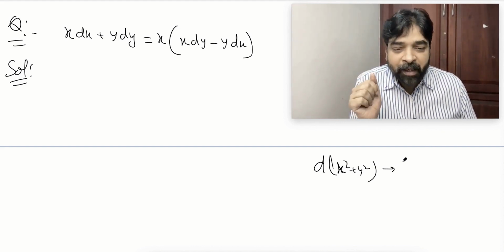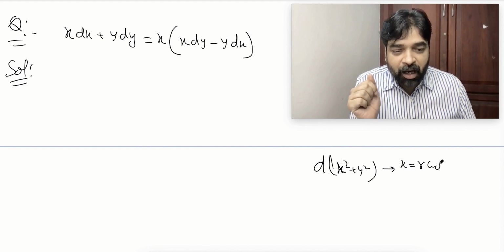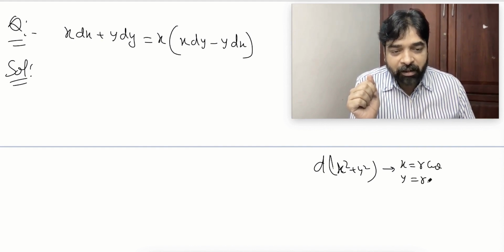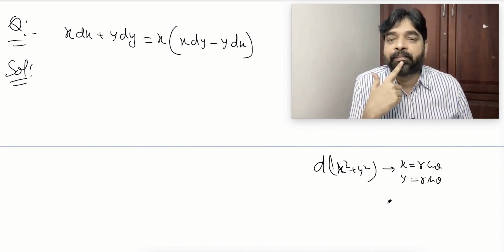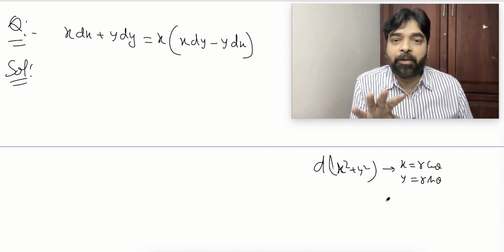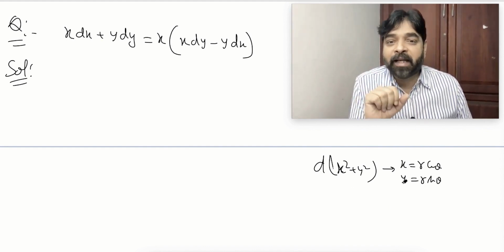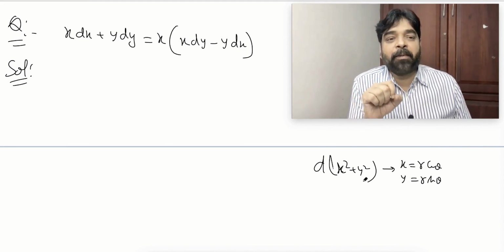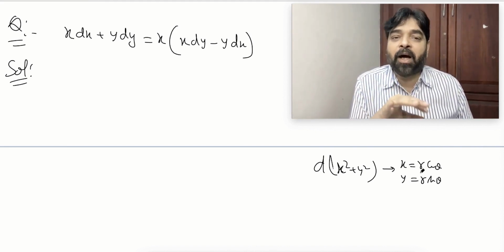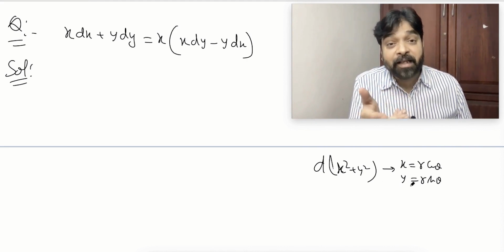What is the meaning? You can put x equal to r cos theta and y equal to r sin theta. I will show you, don't worry. Don't write. When you get this idea, that whenever d of x square plus y square is coming, put x equal to r cos theta, y equal to r sin theta, there is a chance that you can get the answer.